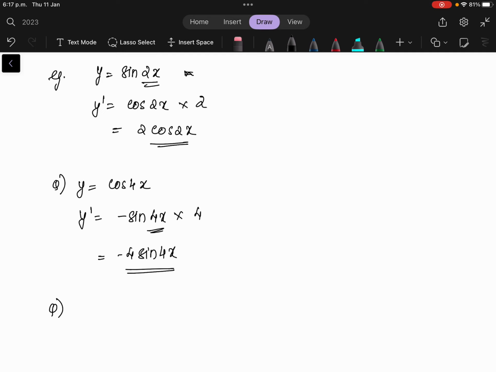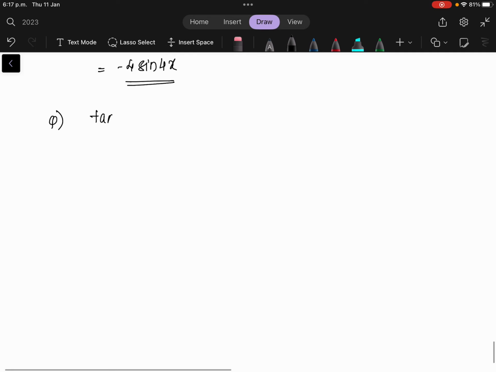Now another question is y is equal to tan to the power of 4 of 3x. If there is something with exponents here, you have to remember there is a chain rule which will come into place. So y dash is equal to 4 tan to the power of 3 of 3x.